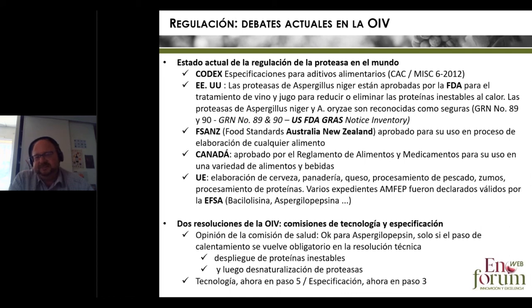The technical resolution and the specification resolution, but we already have the approval of the Safety Commission for aspergillopepsin 1 only, with the heating step as compulsory in order to have the proper efficiency of the enzyme, but also to degrade the enzyme after the treatment.